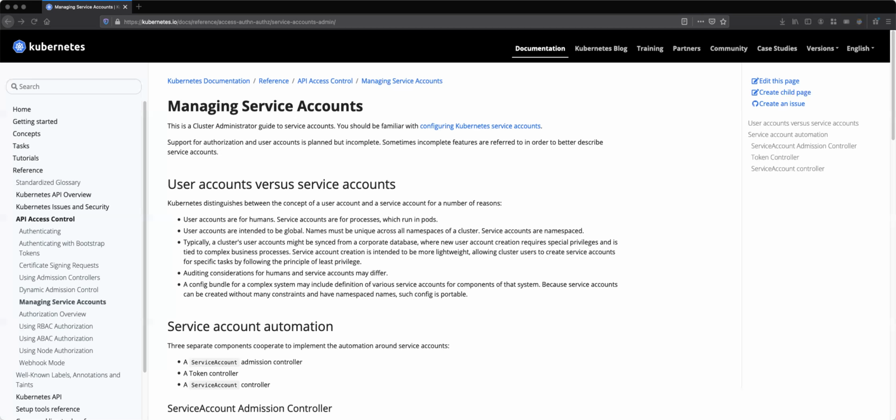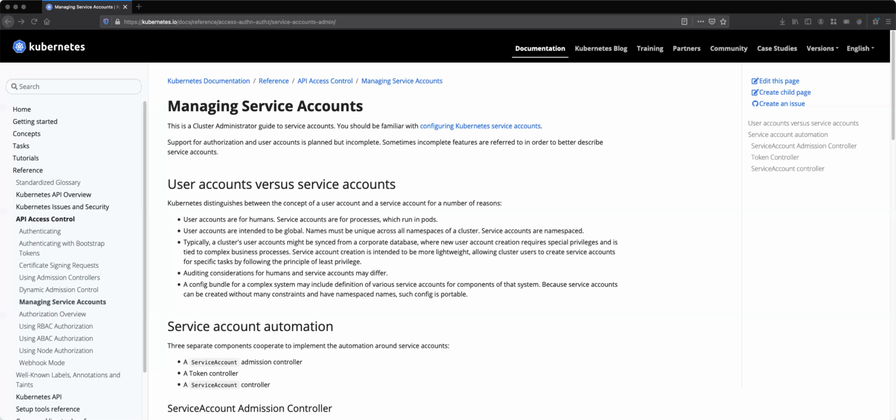Now, the next question is, explain what the token controller is. That is straightforward. During your explanation, make sure that you include how the token controller coordinates with the API server to generate the token.